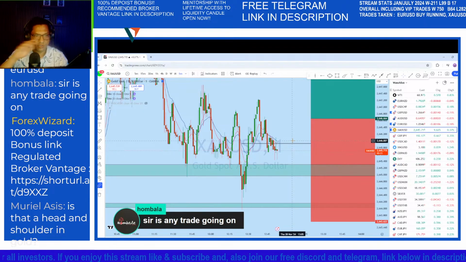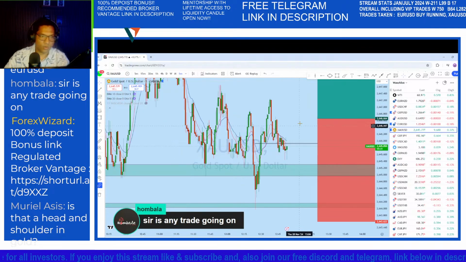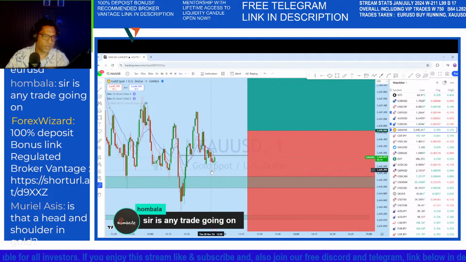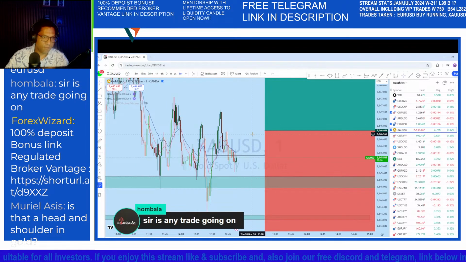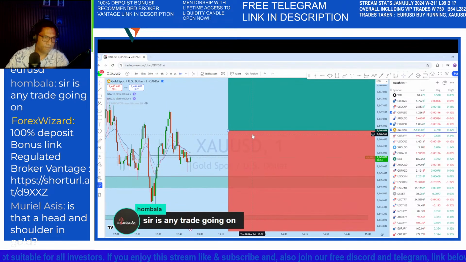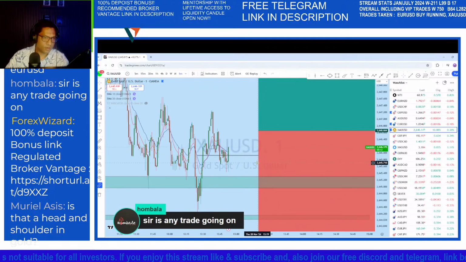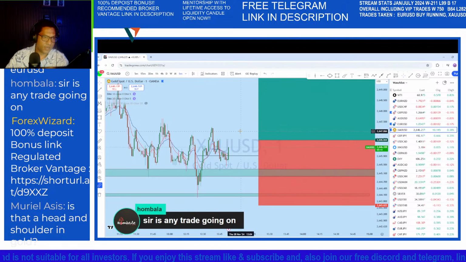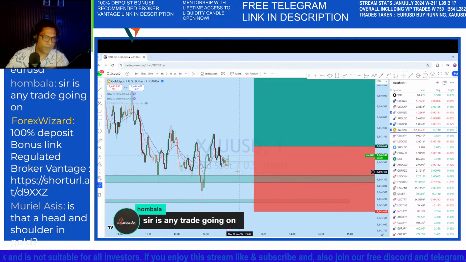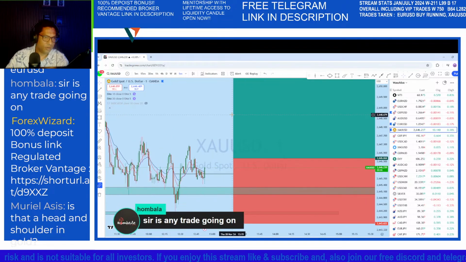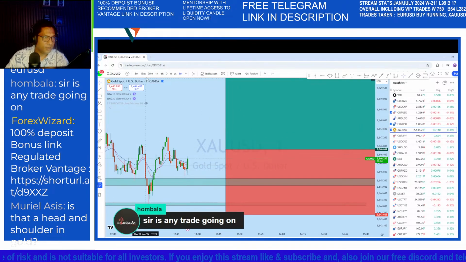Okay, so if it is getting rejection on the 1 minute, you see some candle closing above, so that could be potential for uptrend here locally.